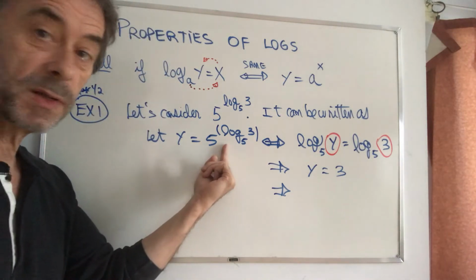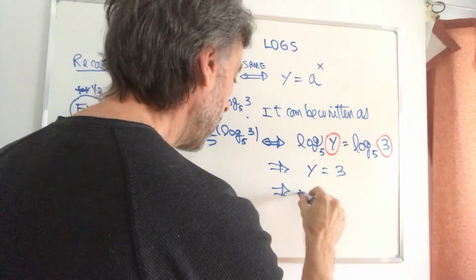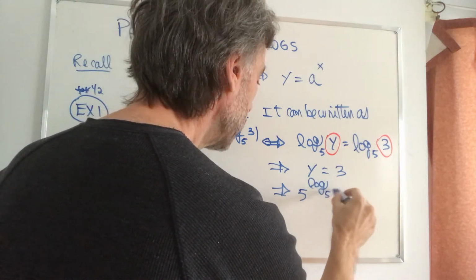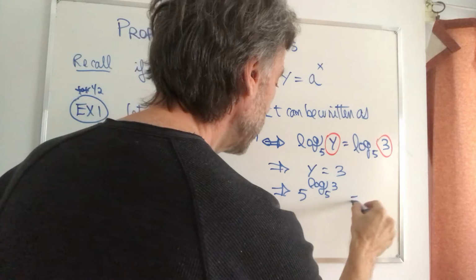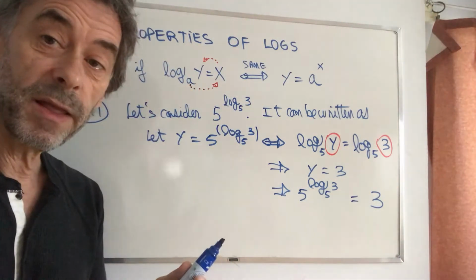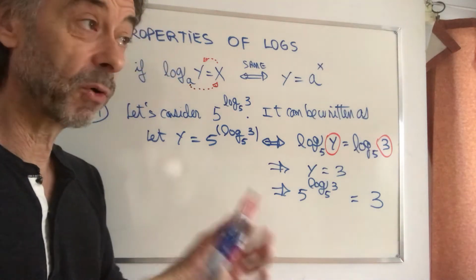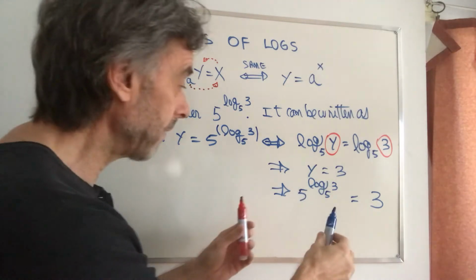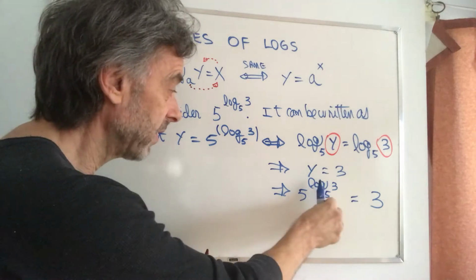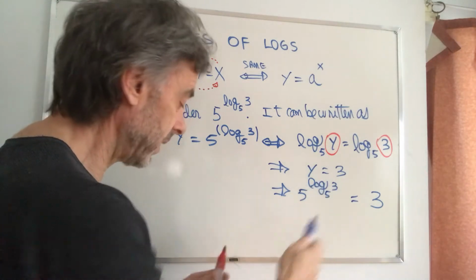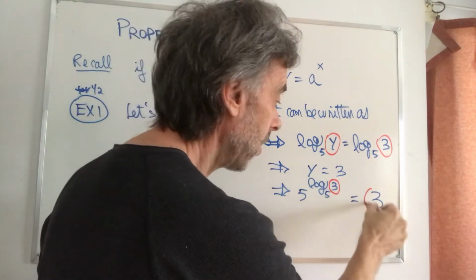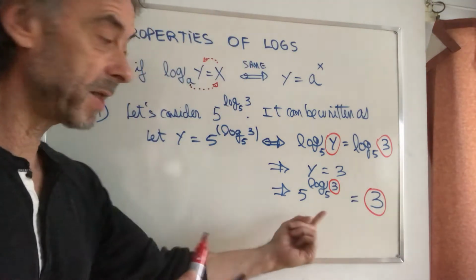Y was this guy, 5 to the power of log base 5 of 3. And we find out that this is equal to 3. That is the first little property or rule of this lecture today, because it actually says the following. If you have 5 to a power of log 5 of something, the inside of the log is always the answer to this.